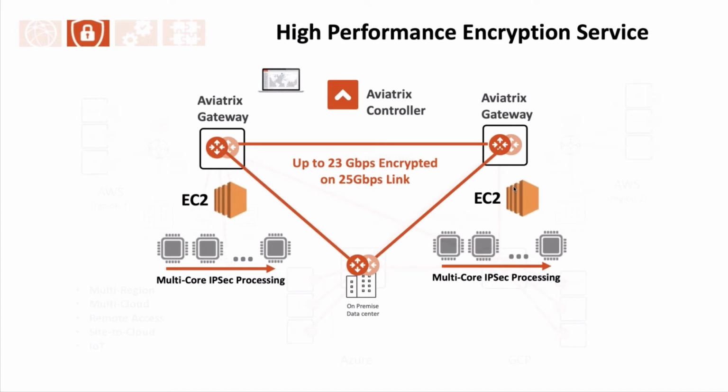And that limits you to 1 gig of IPsec encryption. What we've done is figured out how to distribute that IPsec processing across multiple cores. So we can do up to 23 gigs of encrypted throughput across a 25 gig link. And this would be utilizing AWS's largest instance, for example.